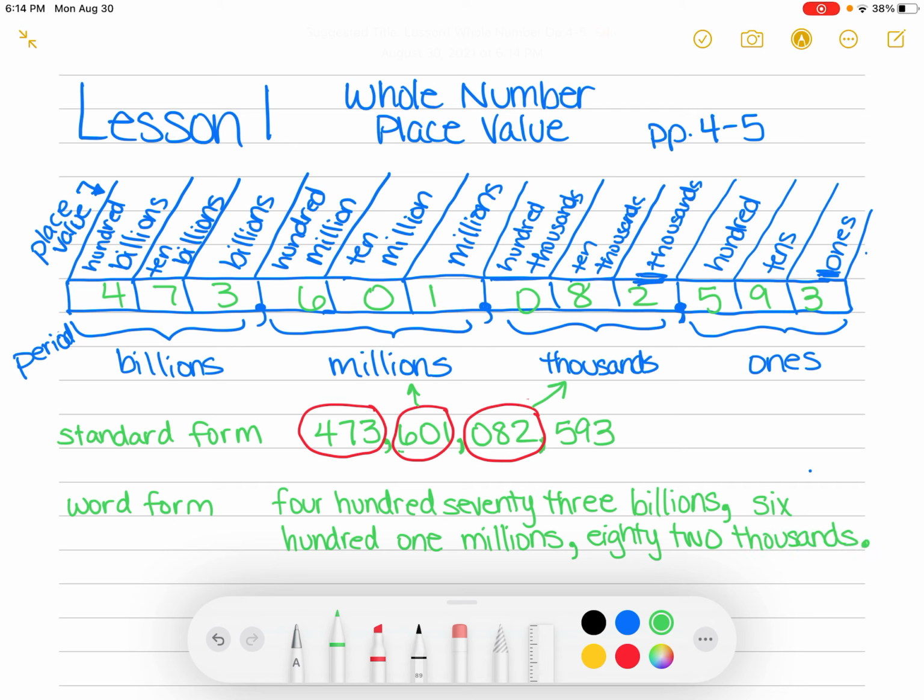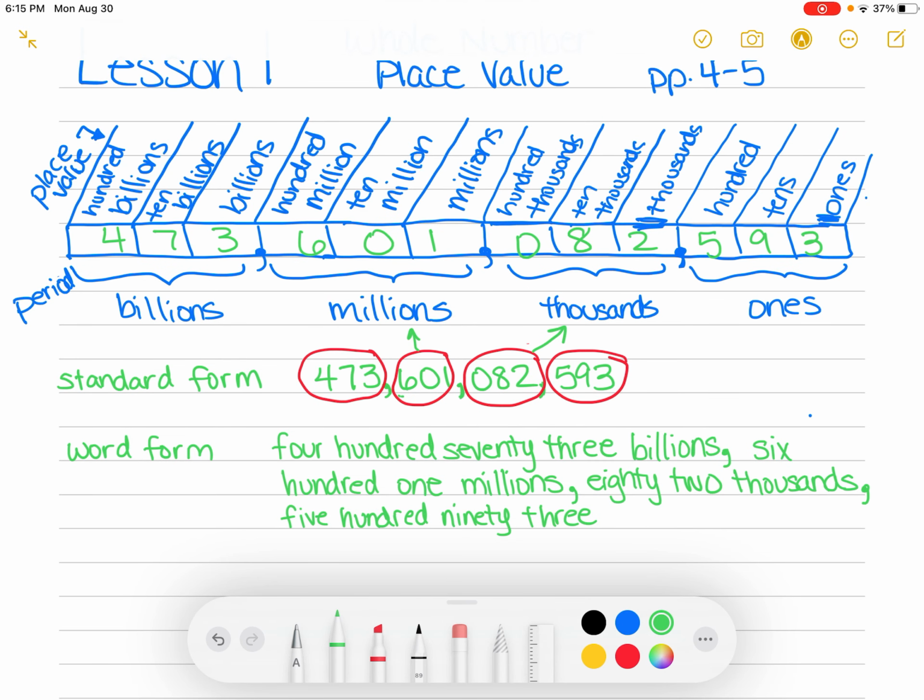And then the last one, this 593, we're going to write it just like that. With ones, you don't write ones at the end. We're just going to write 593. Okay, and that's how we write that number in words. So that's our word form.